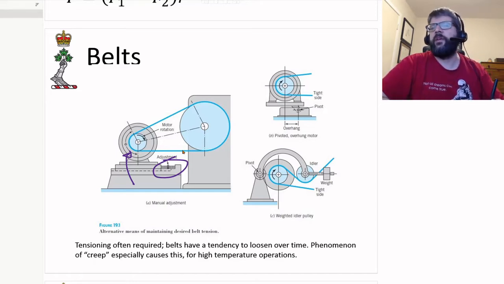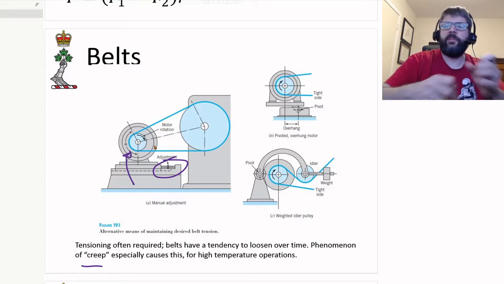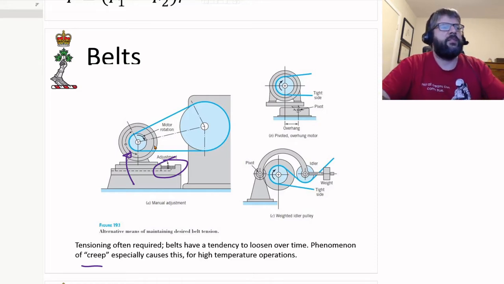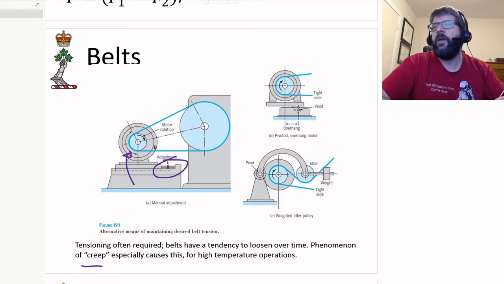Loosening, or creep, can occur, especially for high temperature operations. Creep is the phenomenon where you get non-constant strain over time with constant stress. You're pulling on it at the same amount, and it slowly stretches out, and that stretching is permanent deformation. So you can adjust it manually, or using a nut like that.